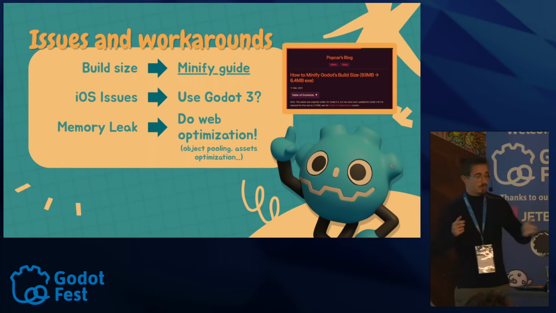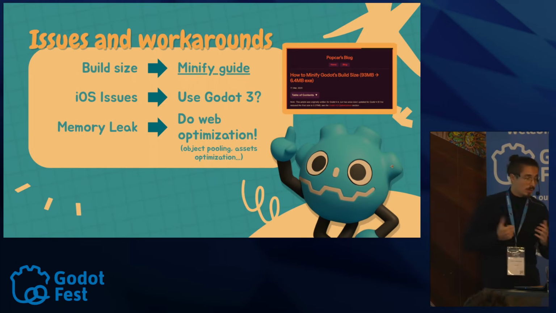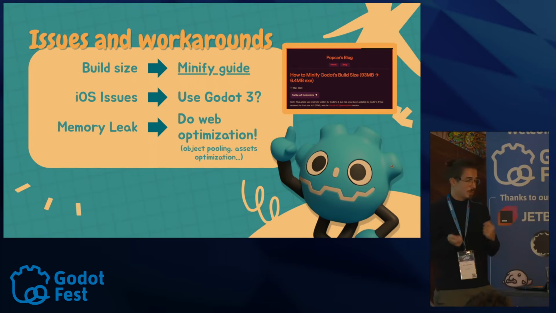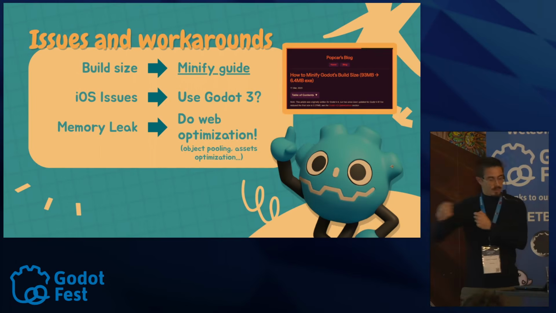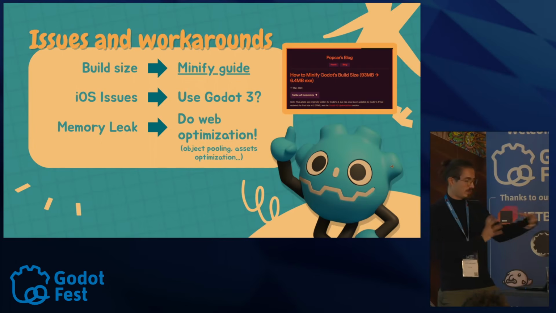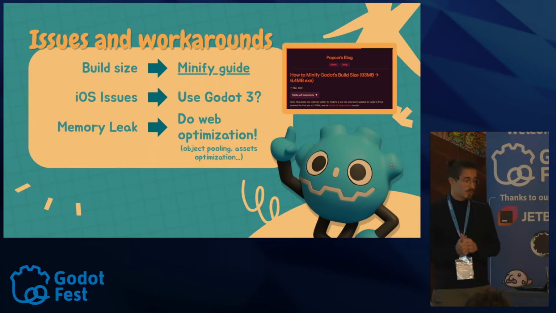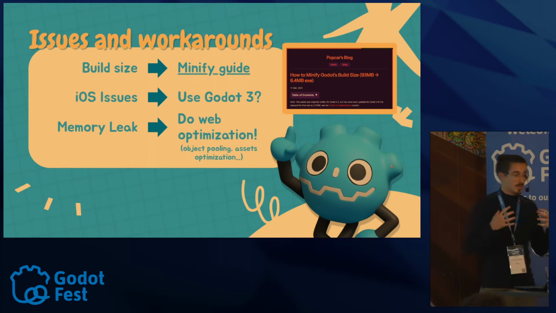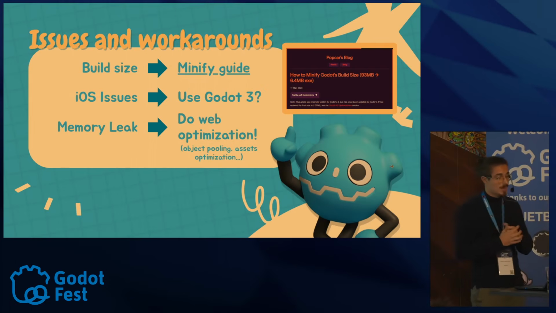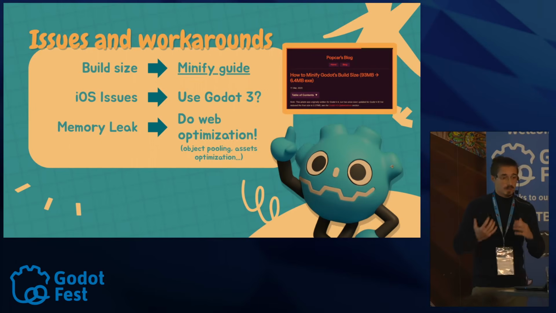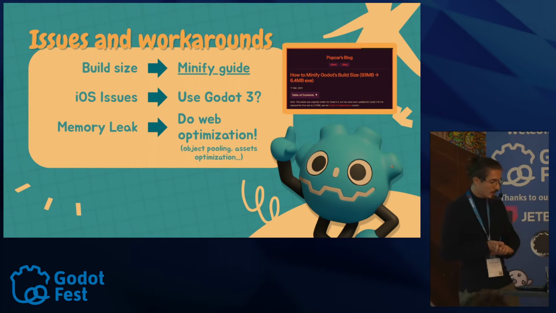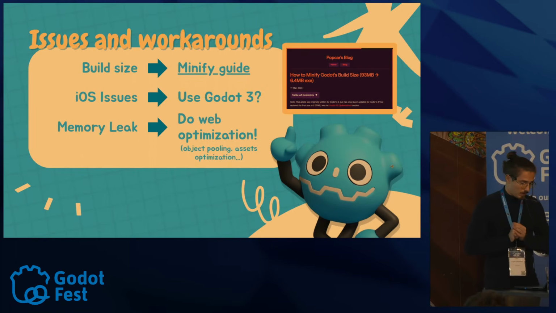One possible solution for memory leaks is object pooling, which means not instantiating the bullets of the cannon every time the cannon shoots, but instantiating every bullet at the beginning and then just moving them around. Another web optimization is for sure asset optimization, so being sure that your assets are compressed and small in size, also to improve the final build size.